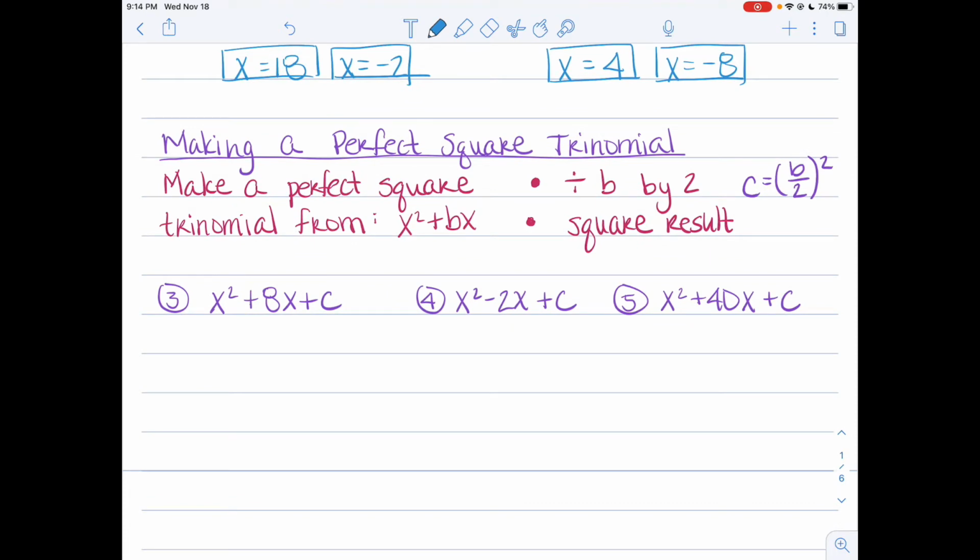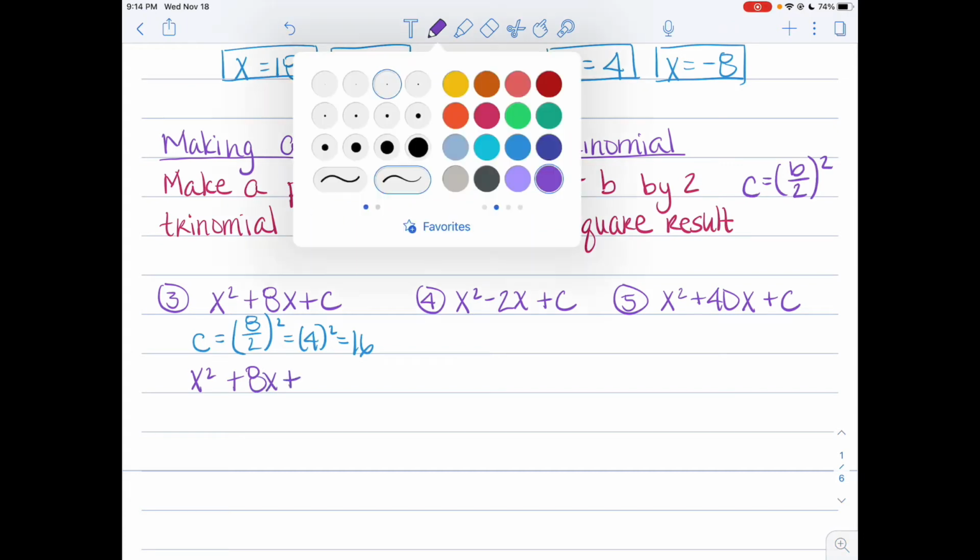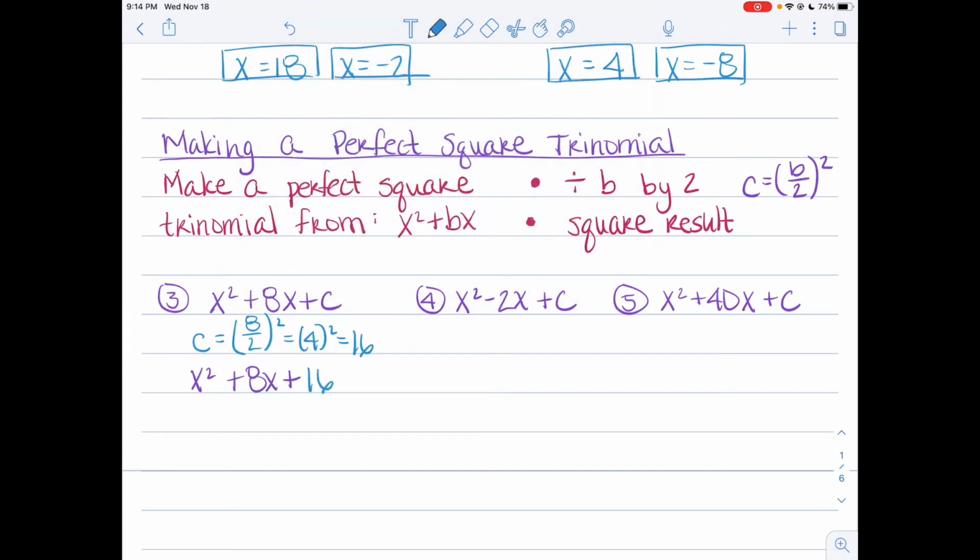So if I have x squared plus 8x plus c, my c value is equal to (b over 2) squared. So b over 2 is 8 over 2, and then squared. So that's going to give me 4 squared, or 16. So I can write x squared plus 8x plus that 16 that I just calculated is the value that I want to have for c, so that I've created a perfect square trinomial.